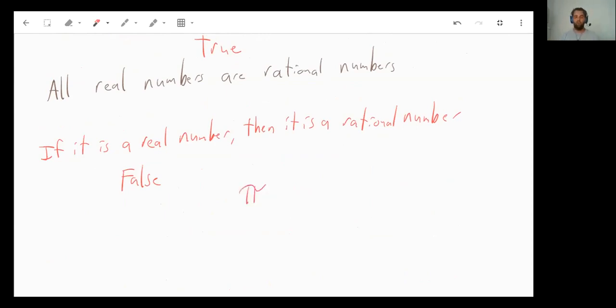Pi is a real number that is irrational. You could say the square root of 2. You could say the square root of 51, or of 3, or of 17. Or when we get into Algebra 2, you'll also learn of another number called e. All of these would be irrational numbers that are also real. So you could write any of these down as a counterexample.